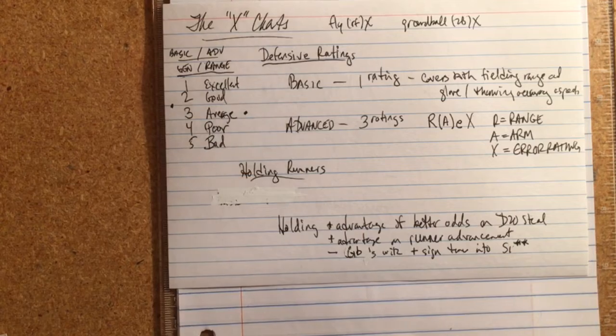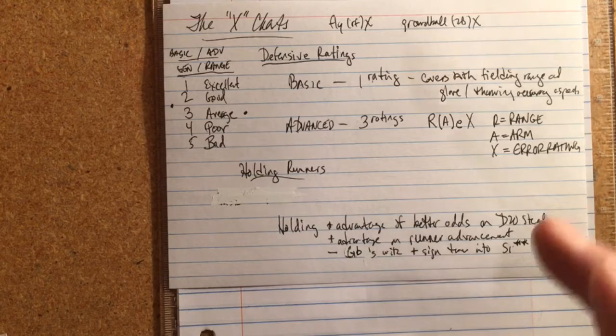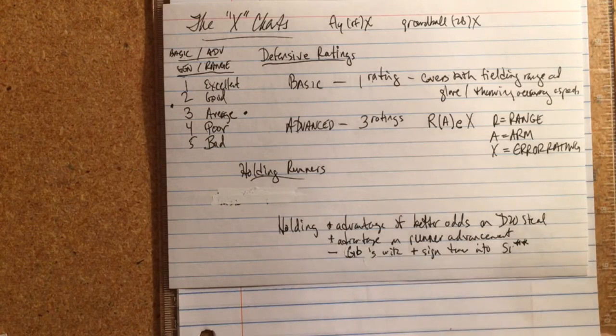Having said that, you may also have some teams that you are going to treat differently. That's why I came up with this system of holding that I've talked about in another video, because it allows me to set it based on the catcher's arm and based on a random roll.